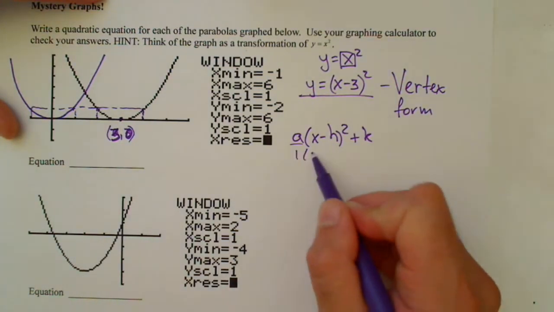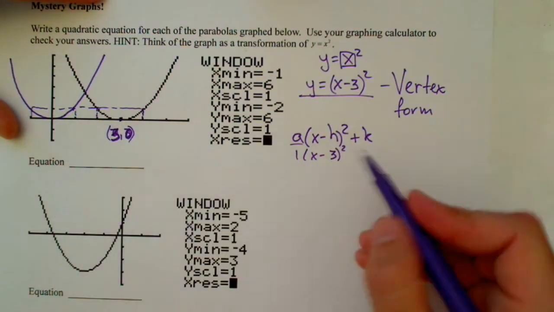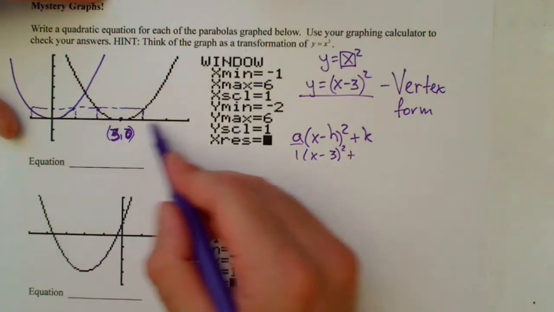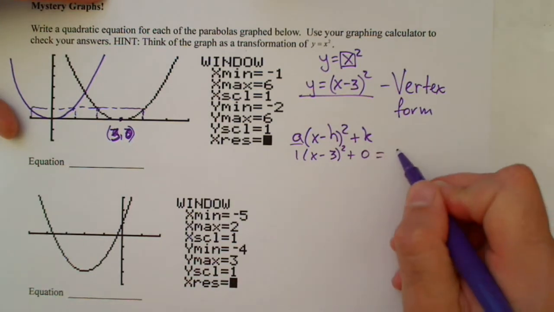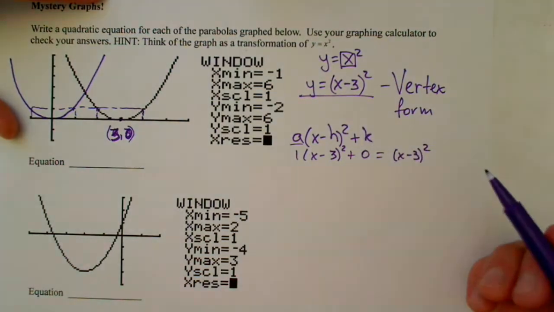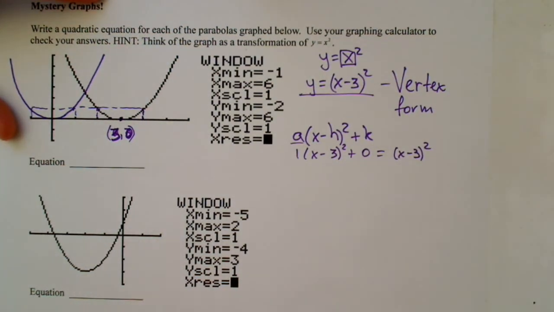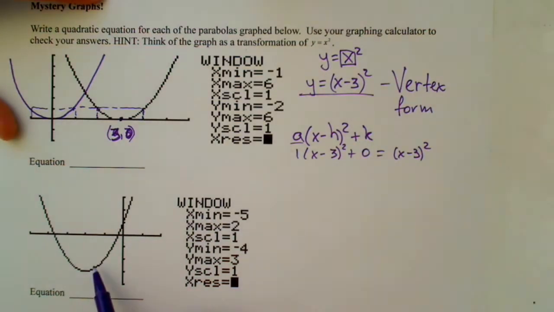It means 1 times (x minus 3) squared, and k is 0 because it's on the same y value, so it equals (x minus 3) squared. It's the same as what we got. This form will be useful a little later when our graphs are more complicated.